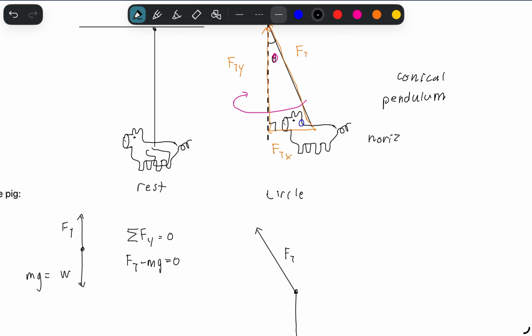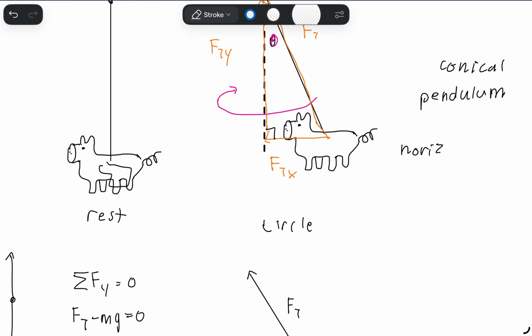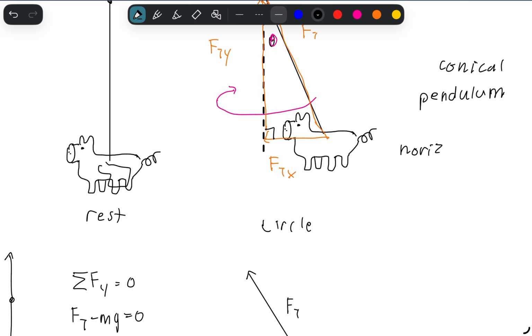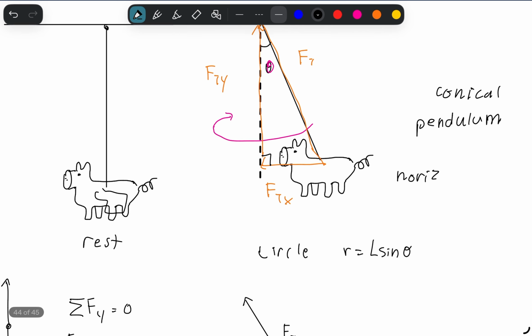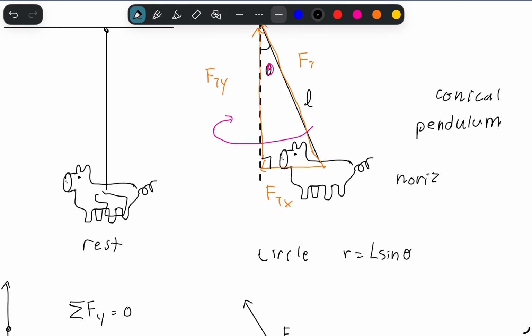Now if we use our right triangle trigonometry, we get r is equal to L sine of theta, where L is the length of our string.